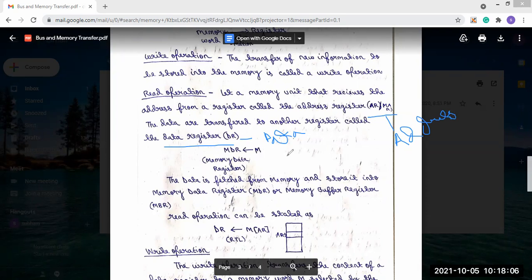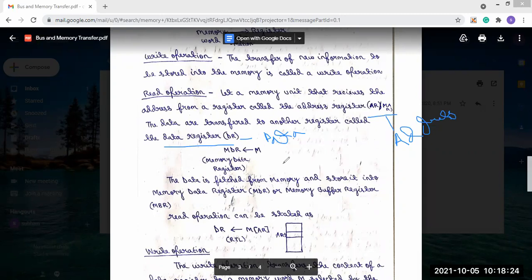Now, what really happens? We said directly that from memory the data is transferred to the register, but which register the data is transmitted to, we didn't say till now.